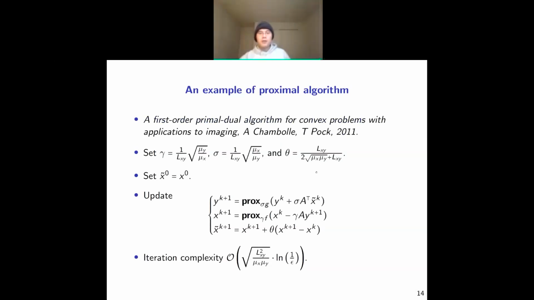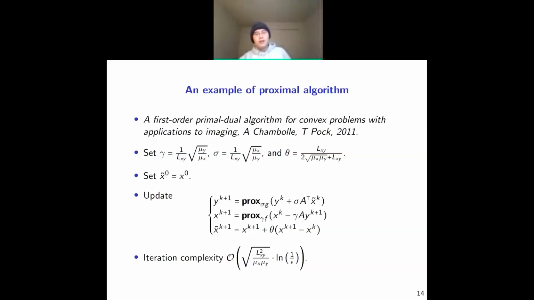And then their algorithm is like this. For any given initial point, your y will be the output of this proximal operator, where the x tilde k is not your previous iterate, but a linear combination of your previous iterates. And then your next x will be the output of this proximal operator.